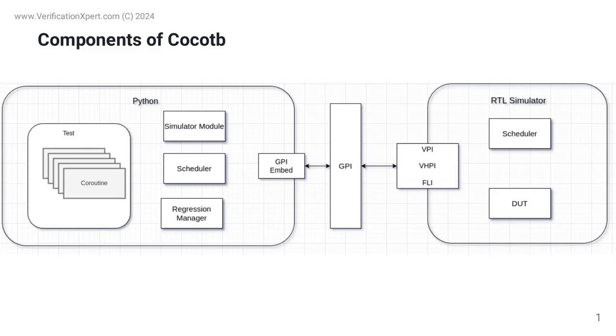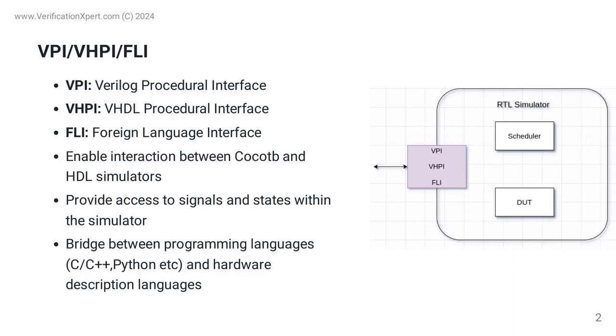Today, we'll cover VPI, VHPI, FLI, GPI, GPI embed, the simulator module, scheduler, coroutines, triggers, and the regression manager. First, we have VPI, VHPI, and FLI. These stand for Verilog Procedural Interface, VHDL Procedural Interface, and Foreign Language Interface, respectively.